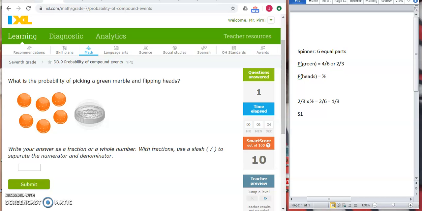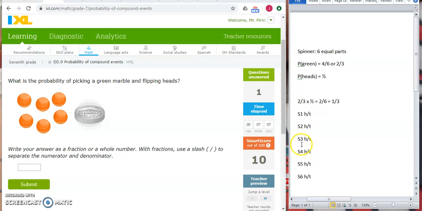I'll call them S1, S2, S3, S4, S5, and S6. And then for each of those options, you could flip heads or tails. So for each of the 6 spin possibilities, you could also flip either heads or tails on the coin. So there's all these little things to consider.